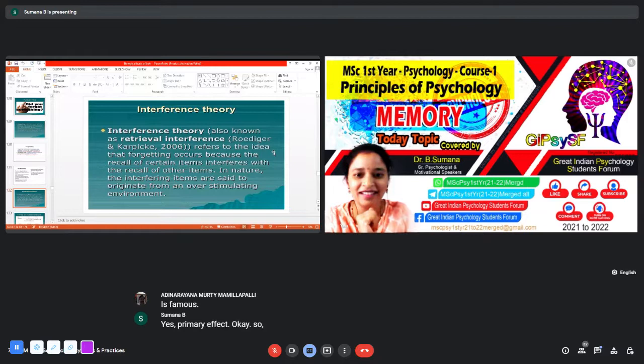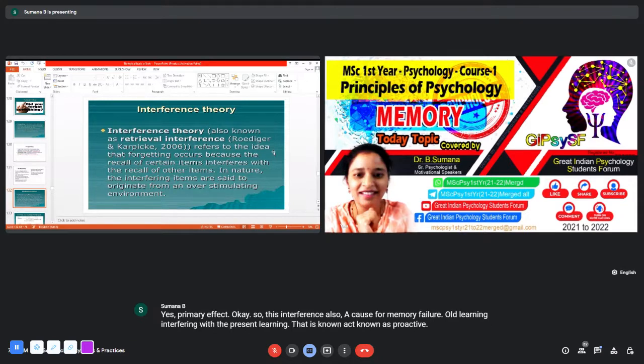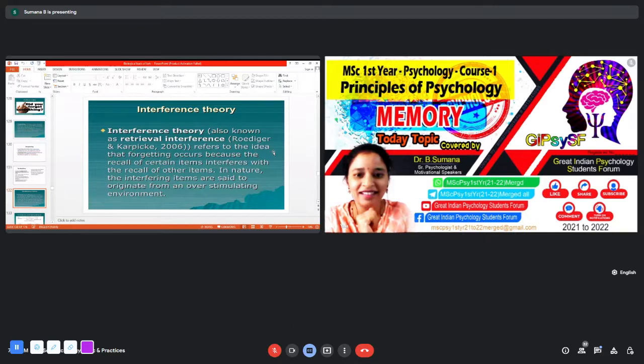So this interference is also a cause for memory failure. Old learning interfering with present learning is known as proactive interference or inhibition. Sometimes it may happen that the first and the last information are remembered and what is in between is forgotten.